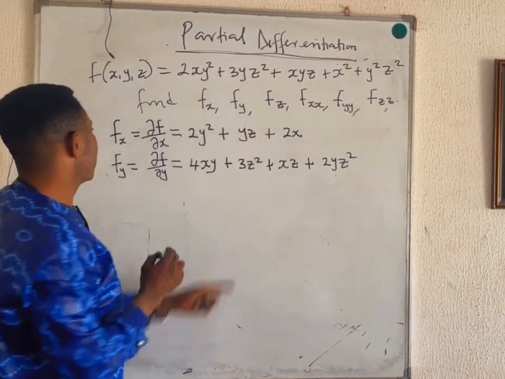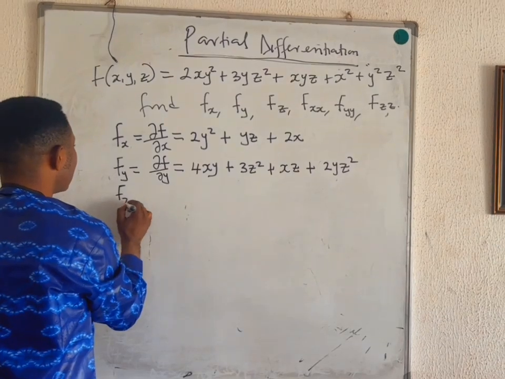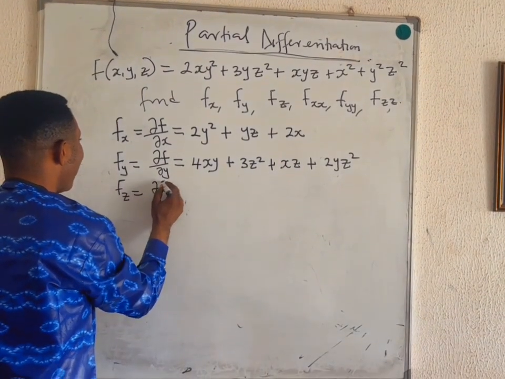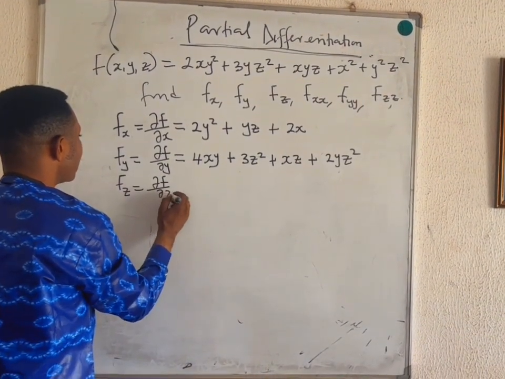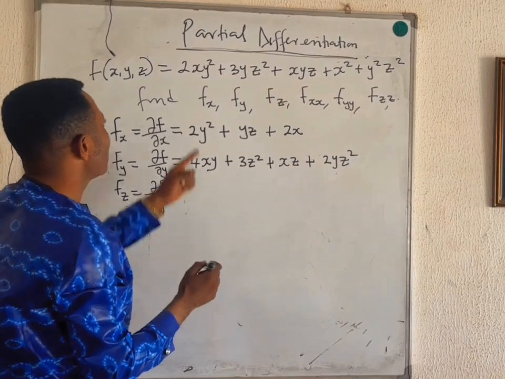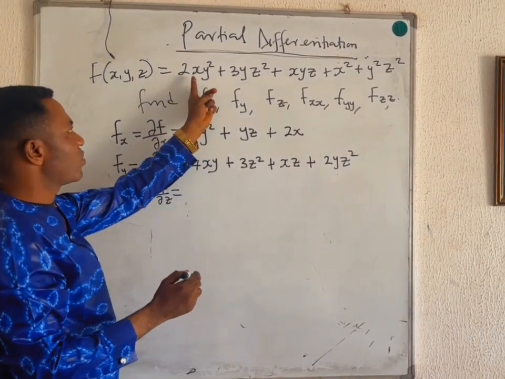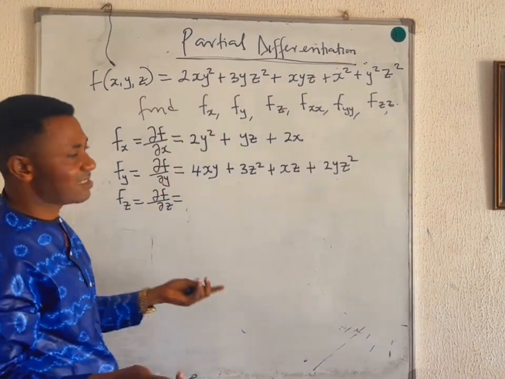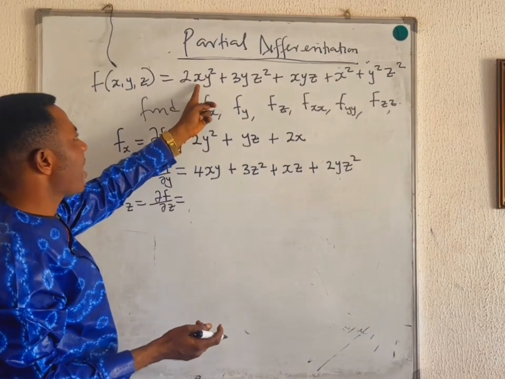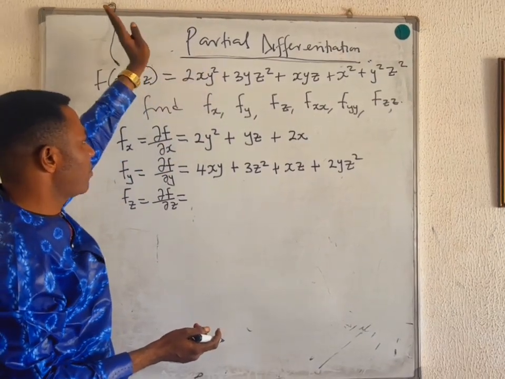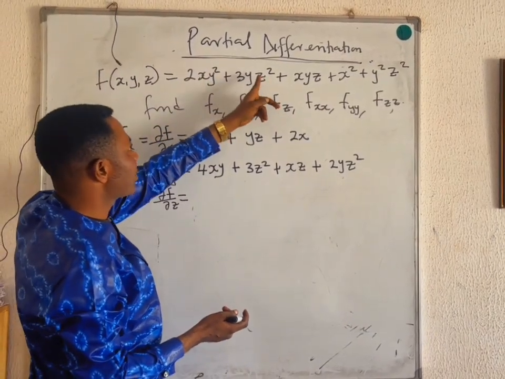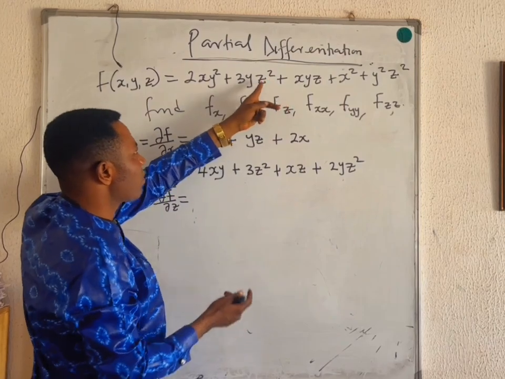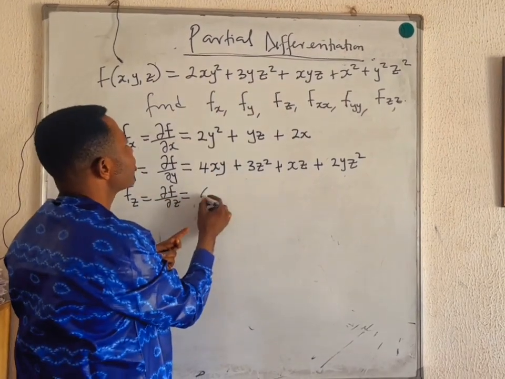We move ahead. f partial z, that is partial f partial z. Now anywhere we see z, that is where we differentiate. 2xy squared, there is no z here, so we forget about this one, but there is z in 3yz squared. Differentiating z squared, you have 2z, so 3 multiplied by 2, you have 6yz.